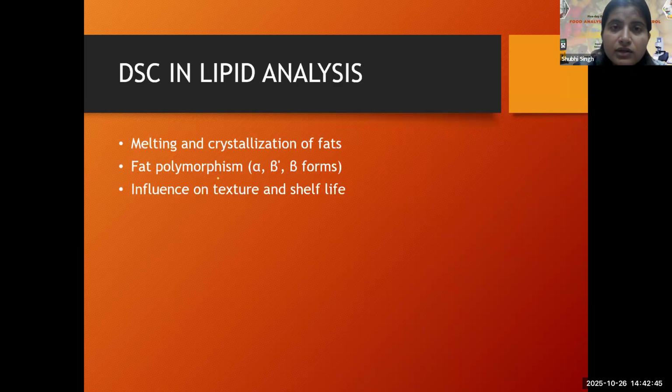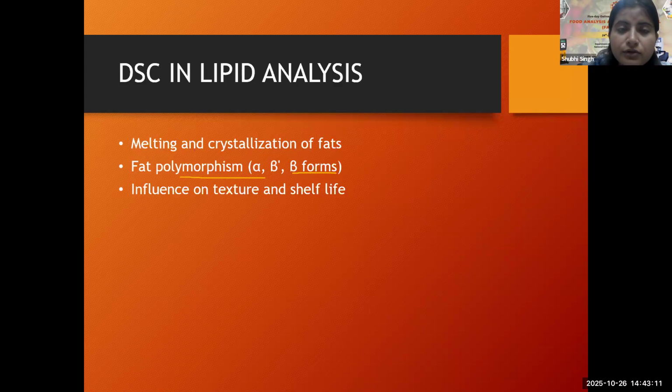So you can check at what temperature, at what heat rate your fat starts to melt, or at what temperature your fat starts losing its crystallinity. And fat polymorphism also you can check, such as alpha, beta dash, and beta forms.